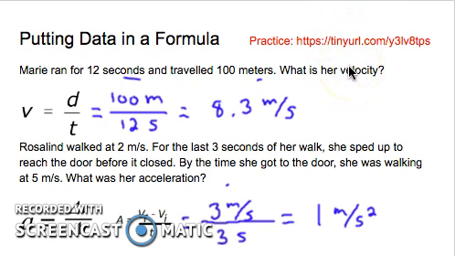But if you're watching this video and have not gotten that sheet, just go to tinyurl.com/Y3LV8TPS, and you can hopefully see it on the screen here well enough to be able to see what it is. So hopefully you can go to that practice problems and practice this. It'll have you do the same type thing here, and that way by the time you get to class and need to use these formulas, you will have done it before.